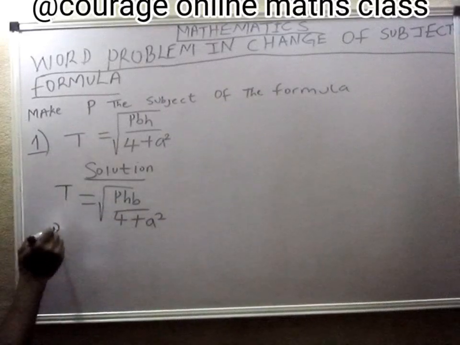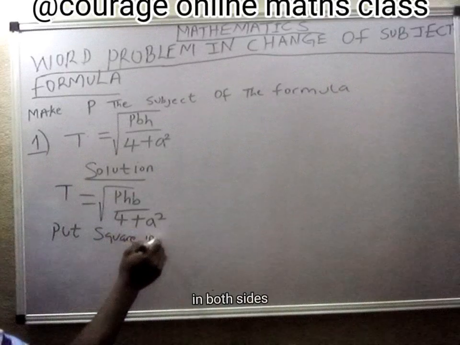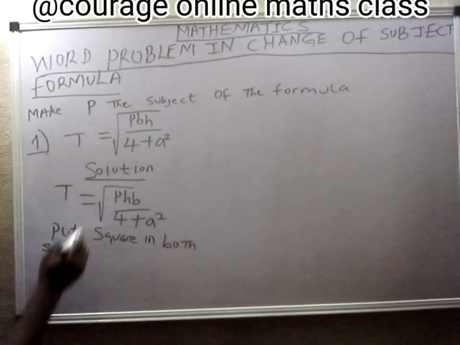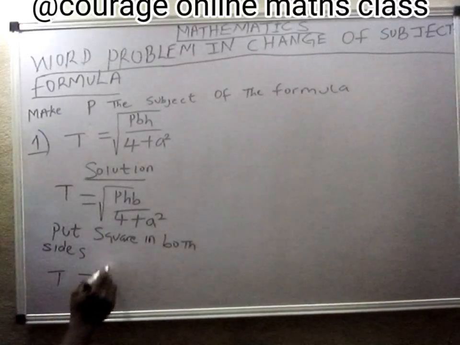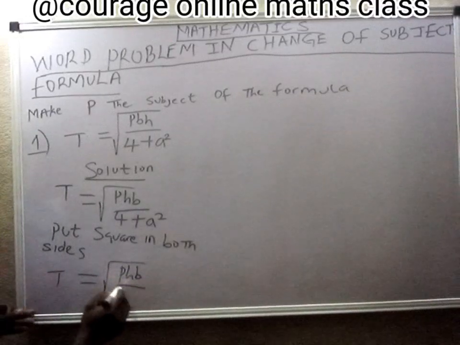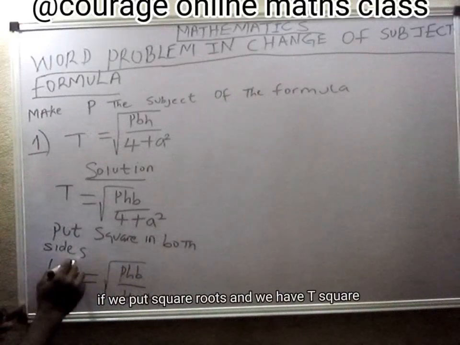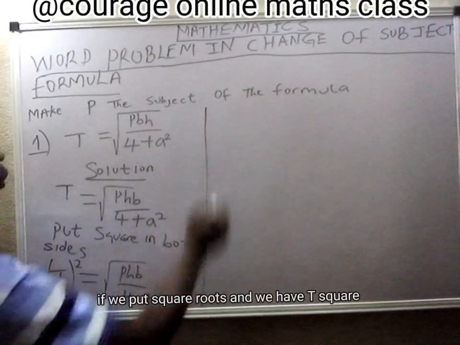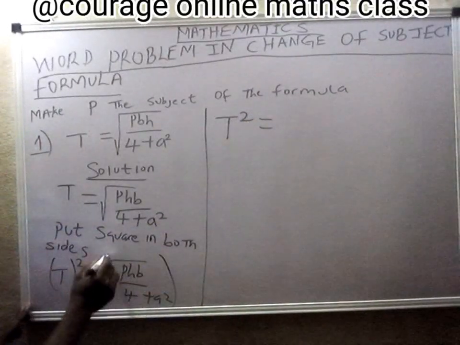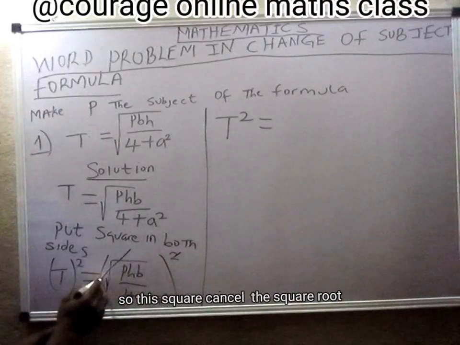Put square in both sides. If we put square in both sides, we have t square equals, and note that square cancels square root, so this square cancels the square root.